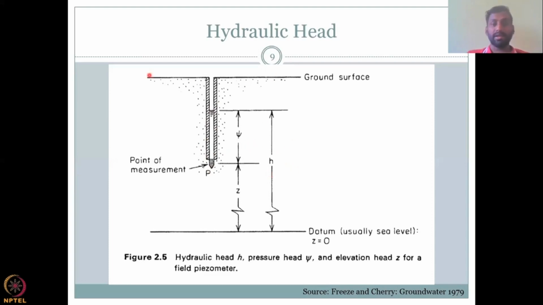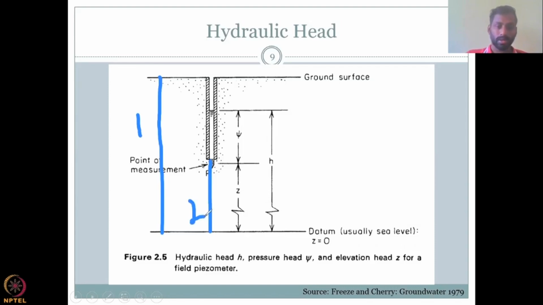You ask for the elevation of your ground surface at that point, which you can take from topographic maps or digital elevation maps. So you have the elevation of your ground, which is 1. Now 2 is this Z, which is the point depth, basically the depth of your well.